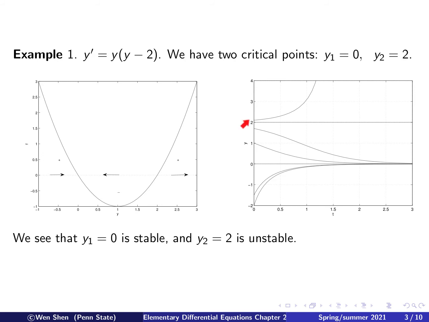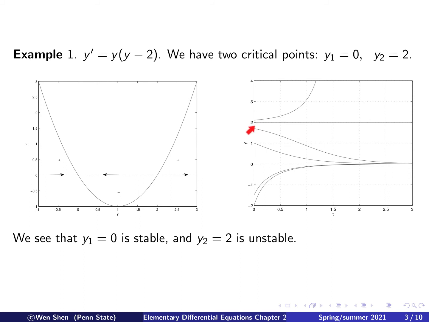Now for y equals 2, it's very different. y equals 2 is a solution, an equilibrium, but if you perturb a little bit, say you are a little bit bigger than 2, then you see the solution will keep growing and go away to infinity. The same thing happens if you perturb it a little bit smaller.